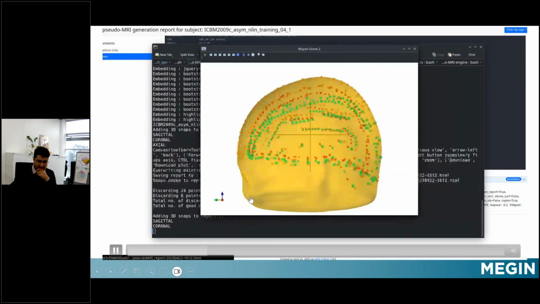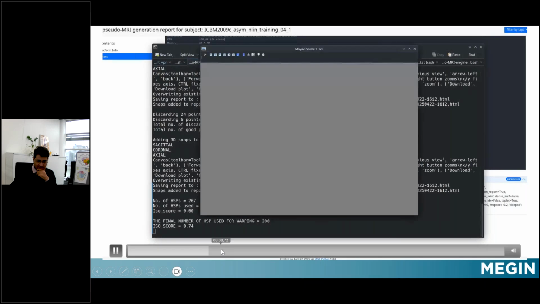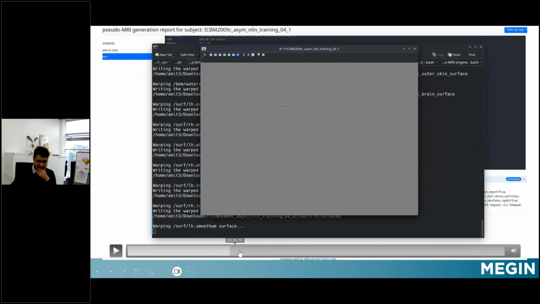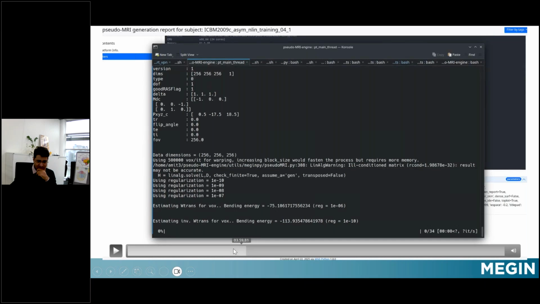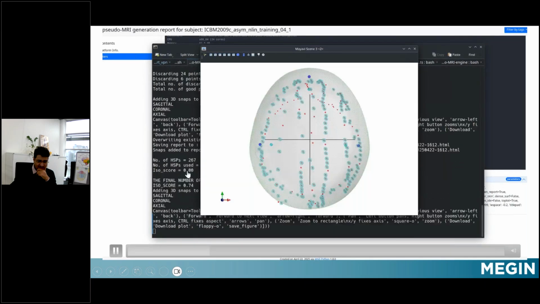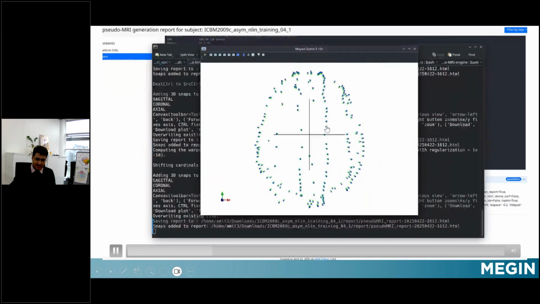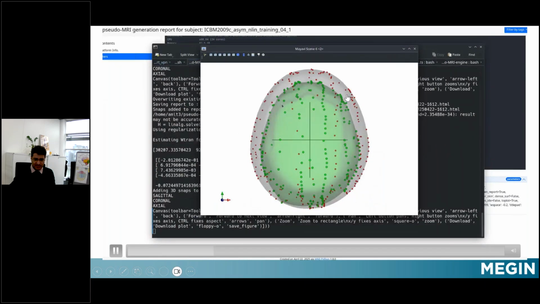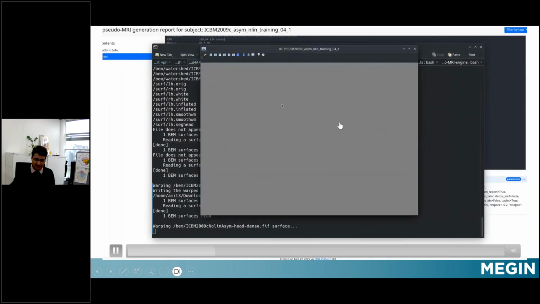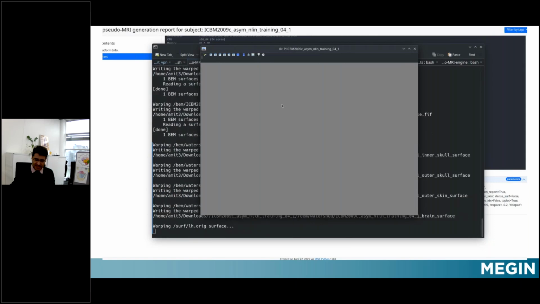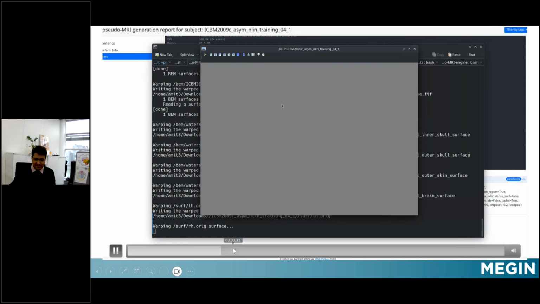Further, you can see it runs the steps. It goes along and then it generates. Here, first, you can see that it warps the scalp surface. Then it applies this transform to other head model surfaces, the BEM surfaces, the cortical surfaces, the atlas surfaces, and in the end different MRIs.